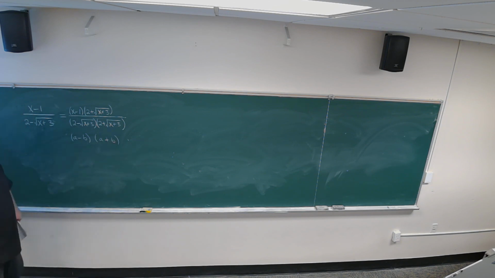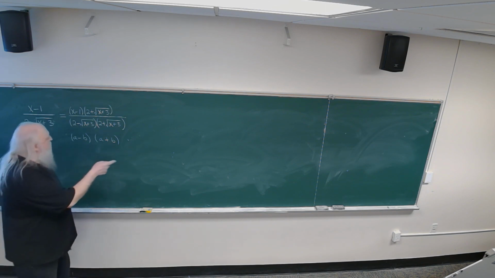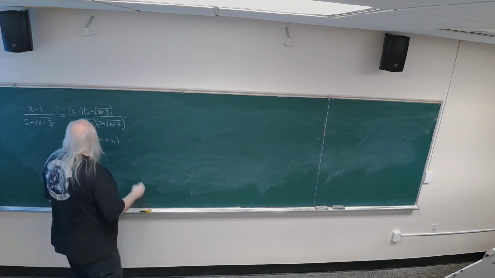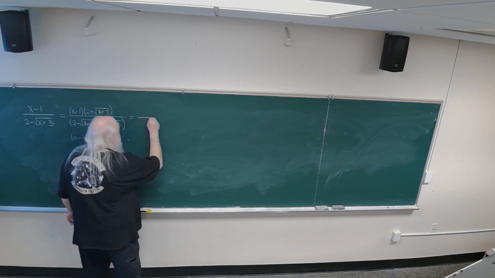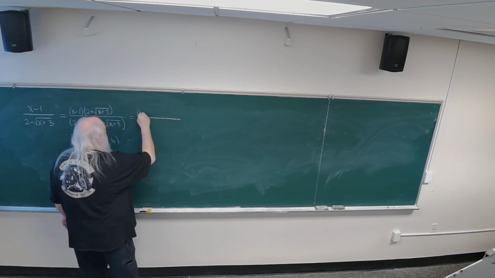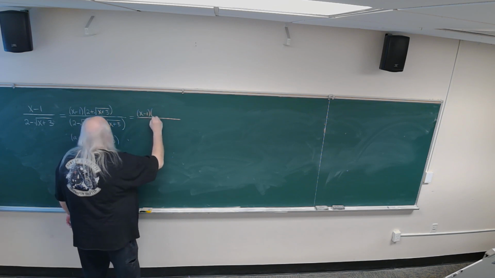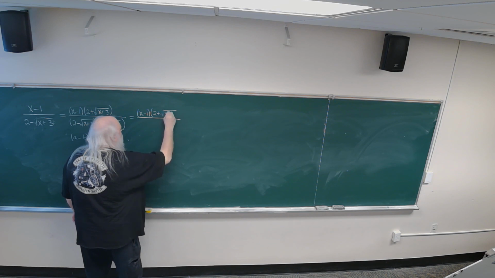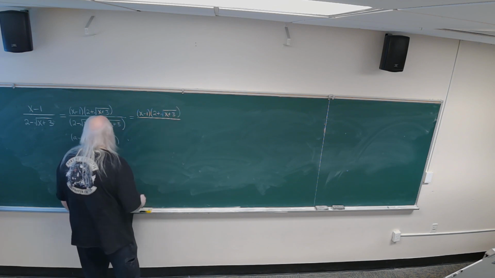And so now the denominator is of the form a minus b times a plus b, and that FOILs to a squared minus b squared. So we end up with the difference of squares when we FOIL what's in parentheses in the denominator. So we have x minus 1 times 2 plus square root of x plus 3.